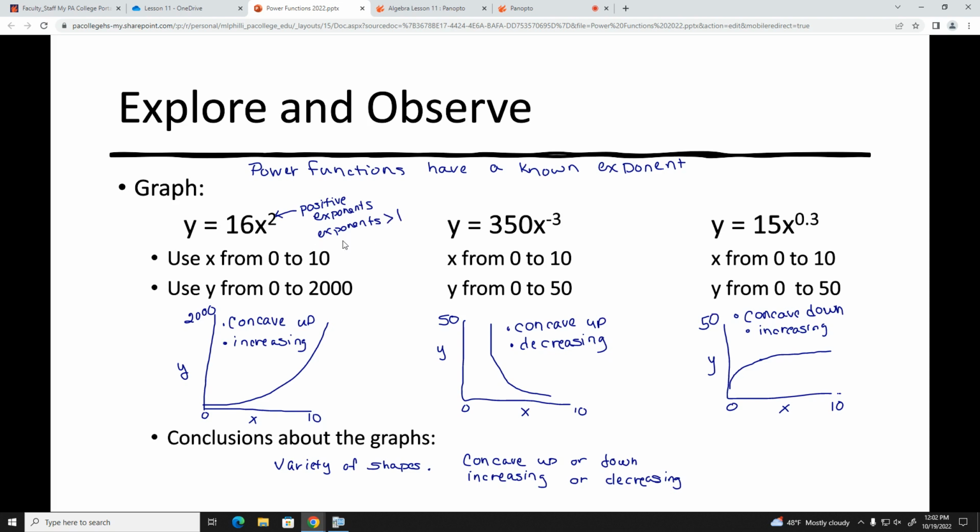Our next one, this concave up but decreasing graph, this goes always with our negative exponents. And finally, this last one, this concave down but increasing, this goes with our decimal exponents.